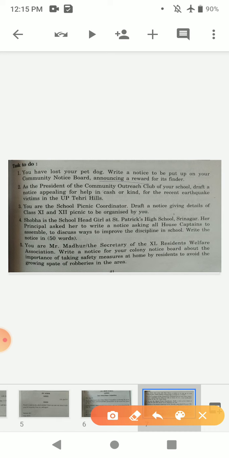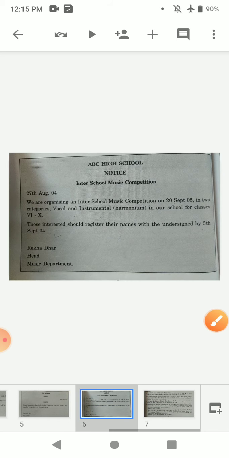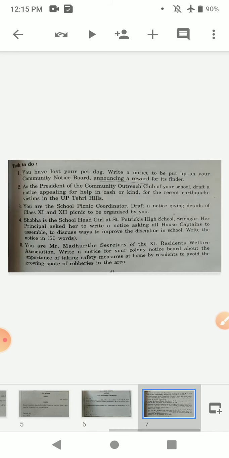And then after the description, you have to mention that you will be giving a reward if it is found, and then you will have to mention the final detail, like whom to contact or get in touch with. Similarly, like it was here, the person who finds it may contact the undersigned, and then you will write your name and your designation.